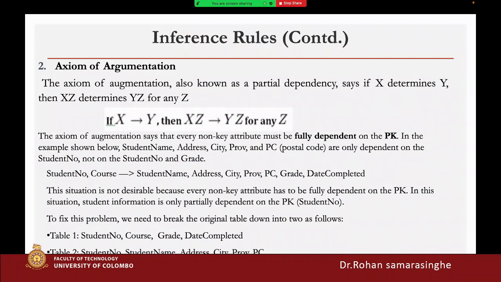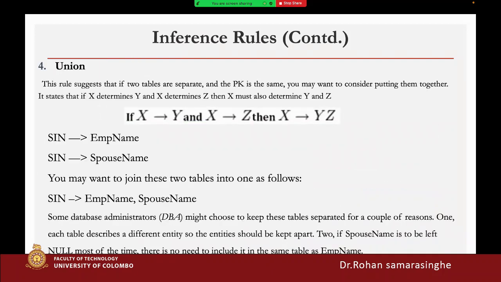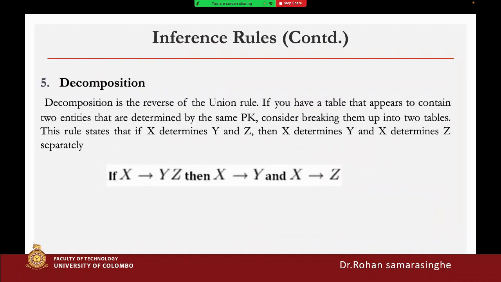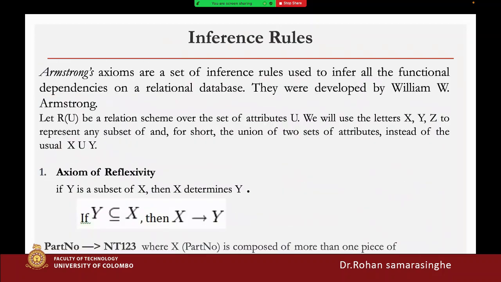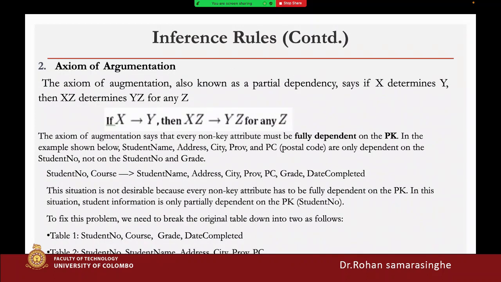I will explain this one from the example next week. Or the next one, axioms, the inference rules. There are 4 rules: augmentation, transitive, union, and decomposition. Let's see Armstrong's reflexive rule and augmentation. The axiom of augmentation is also known as the partial dependency.